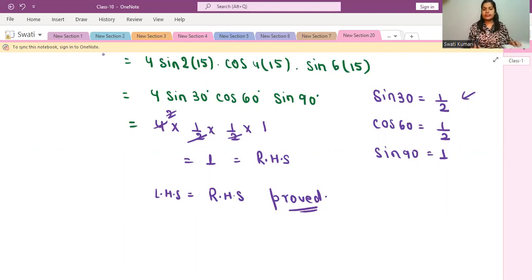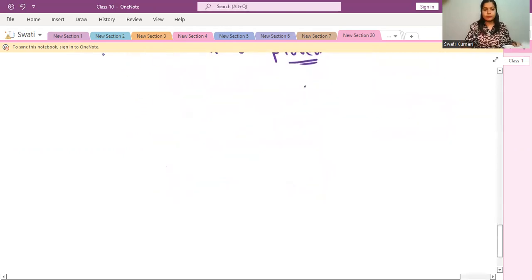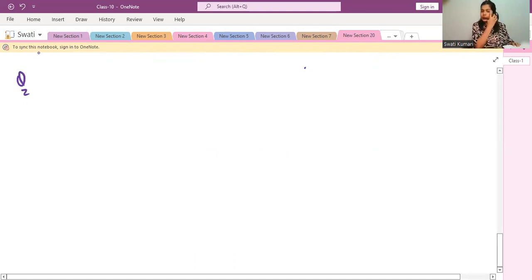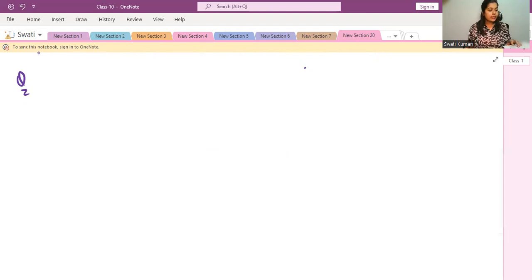And the next question, I'm going to read it for you. The next question says that the sum of the ages of a father and his son is 45 years. 5 years ago, the product of their ages was 124. Find their present ages.